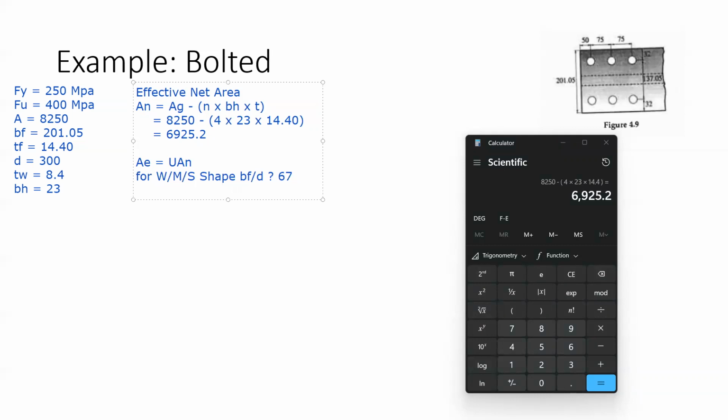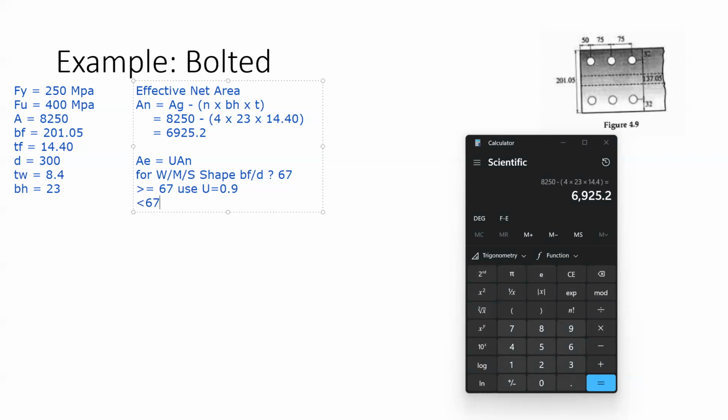If it is greater than or equal to 0.67, ang value ng U natin is 0.9. Pero if it is less than 0.67, use U equal to 0.85.